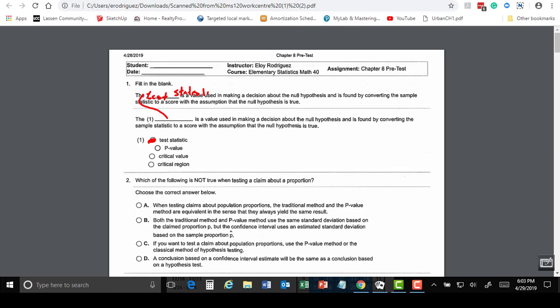Okay. Now, which is not true when testing claims about the proportion? The conclusion based on a confidence interval estimate will be the same as the conclusion based on the hypothesis test. Not necessarily.